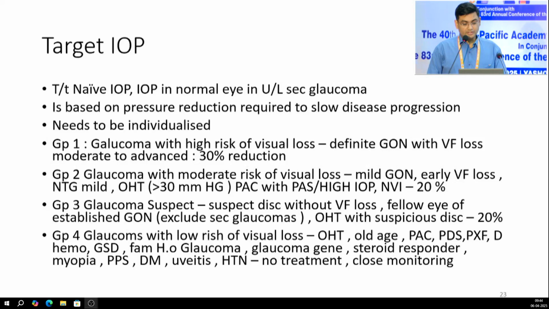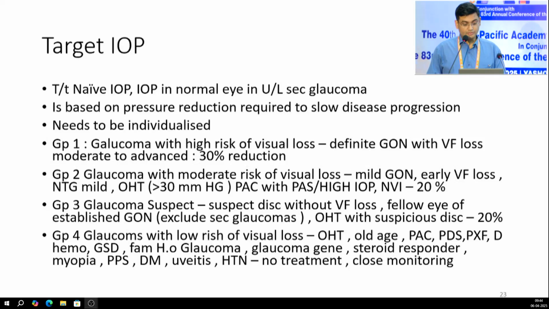In group 2, where the glaucoma has a moderate risk of visual loss, that is, mild GON can be seen, early visual field loss, or ocular hypertension with more than 30 millimeters of mercury pressure, the reduction required is around 20%, that is, mid-teens. In a glaucoma suspect, there is suspicion around the disc, or the fellow eye has established optic neuropathy, or OHT with a suspicious disc; then you reduce further by 20%.